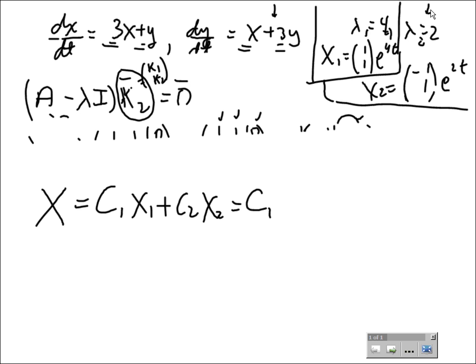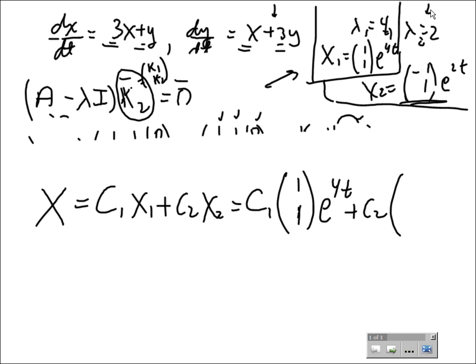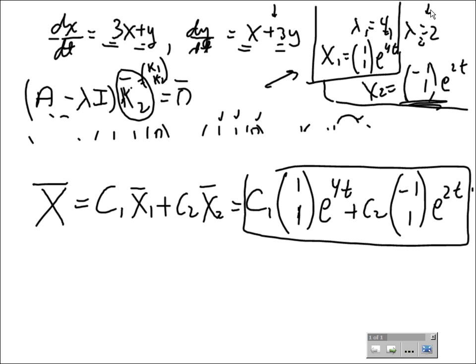That is c1 times x1, which is 1, 1, e to the 4t, plus c2 times x2, which is right here. Negative 1, 1, e to the 2t. That's the vector x. These are also vectors.